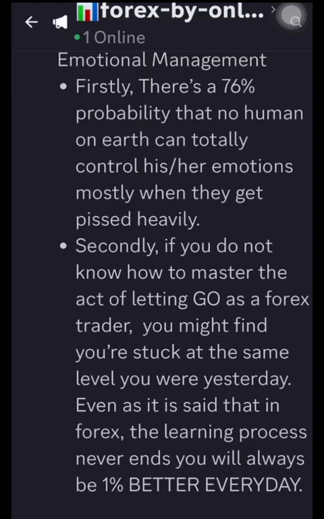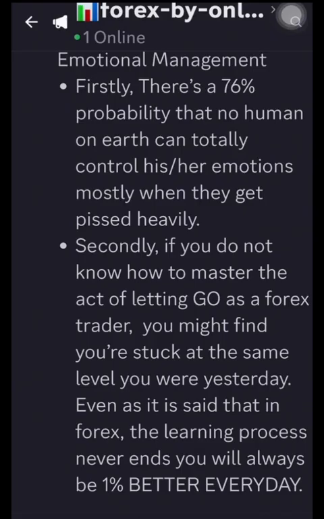So under emotional management, if you cannot master the art of letting go as a forex trader, what you lost yesterday is gone. The next day is a new beginning. But in forex trading, there's no beginning, it's just going upward, like stock.